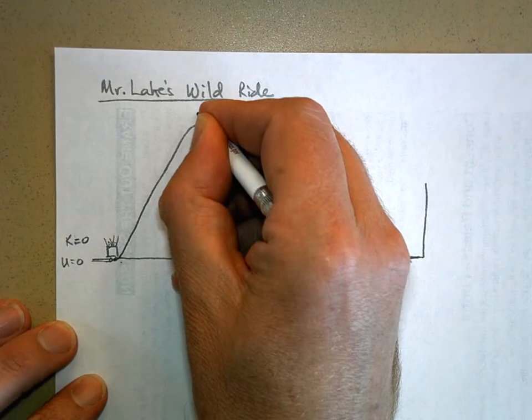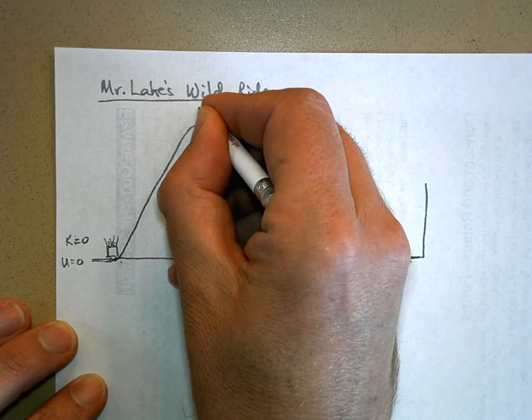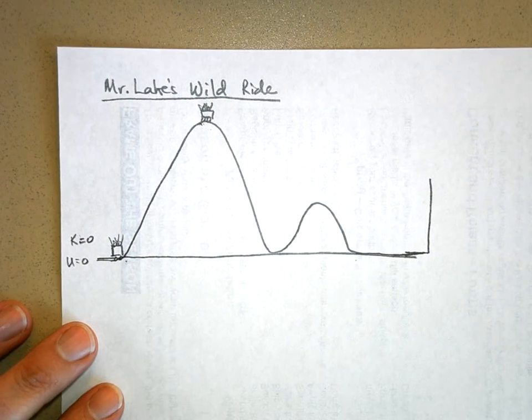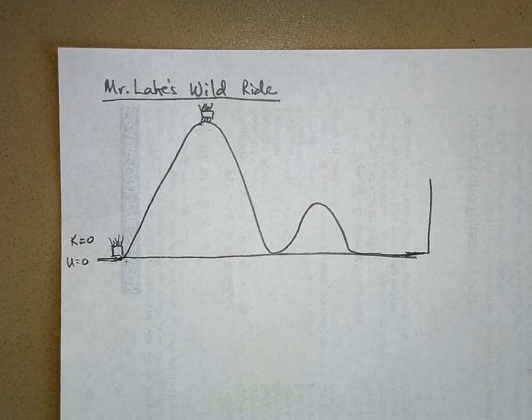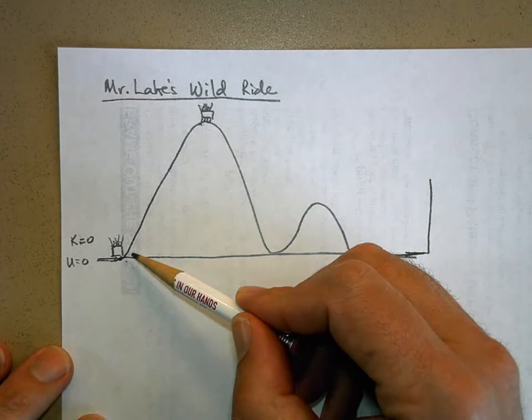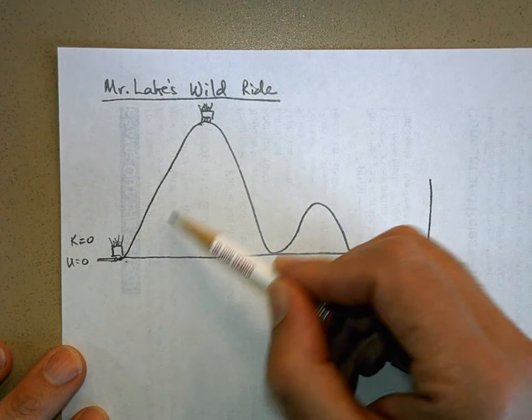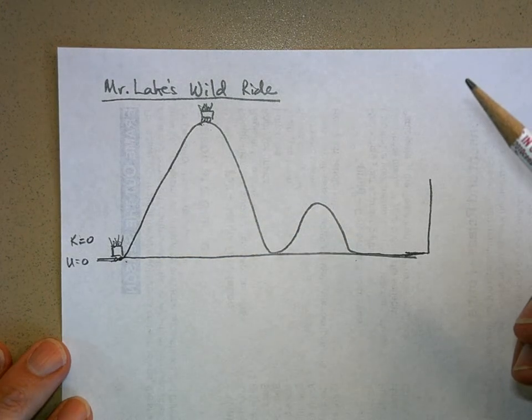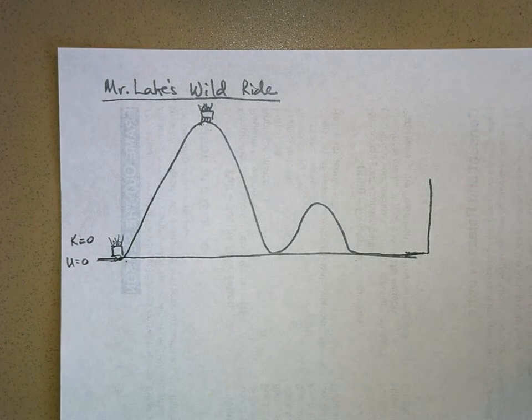Now, we have to get them to the top. So here they are at the top. Now, how did they get there? No, there's no magic here. Well, there is some magic. Have you ever been on a roller coaster and they haul you up to the top? Well, how'd they get you up to the top?